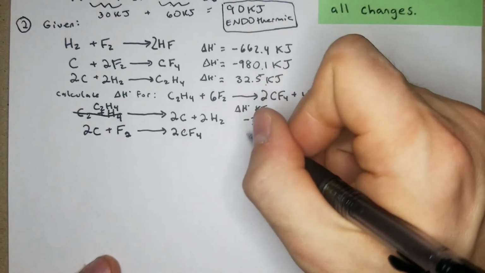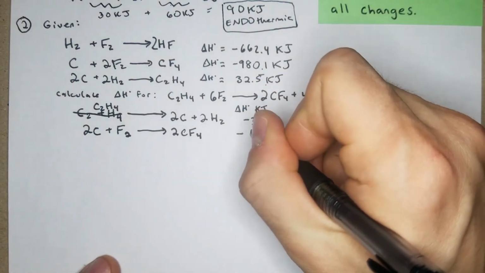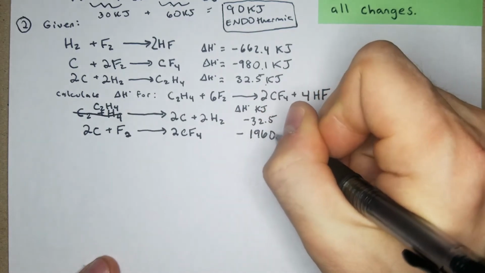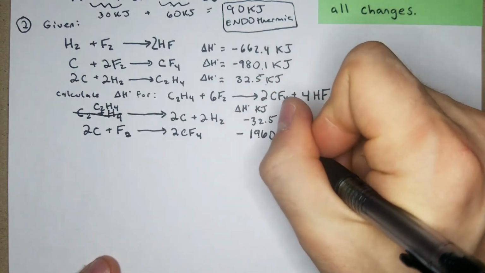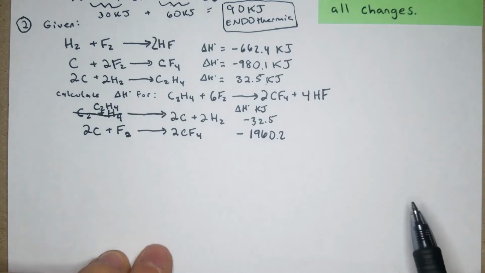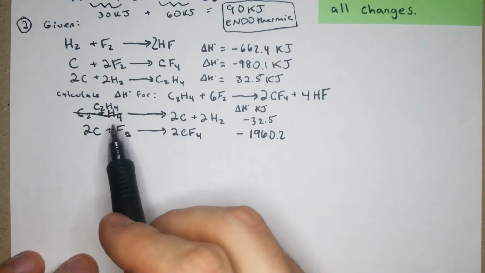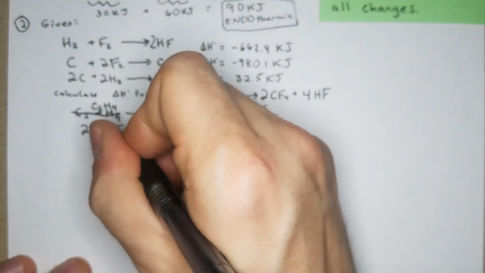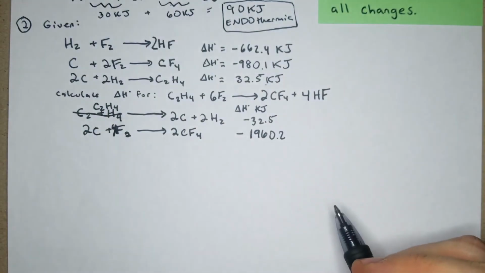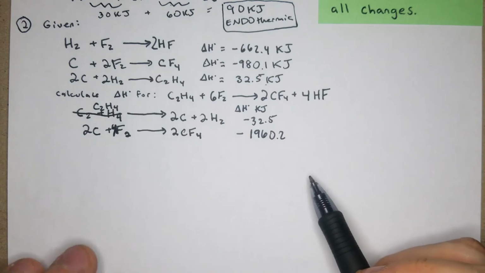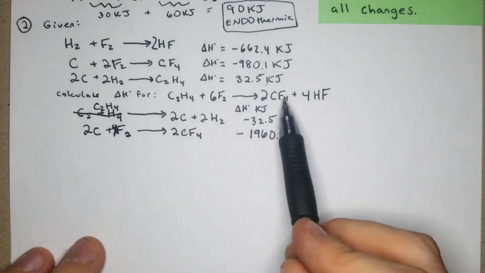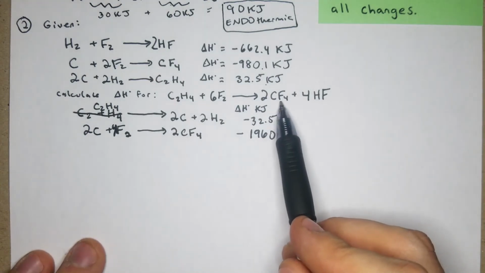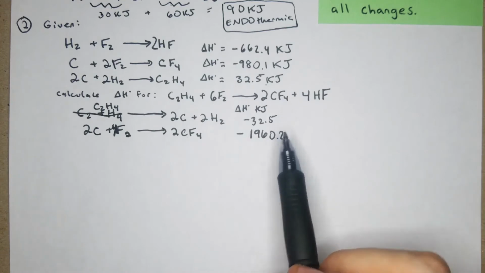And we're going to get negative 1960.2. So that's, I'm sorry, that would be 4F2. So we're part of the way there, but what we also did was we secured our 2CF4 on the product side. So now we'll keep going.